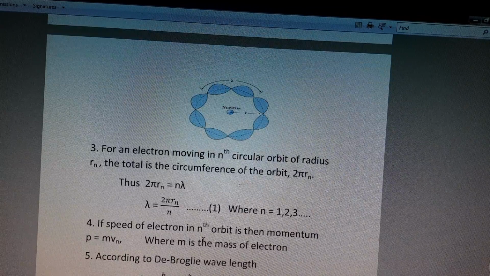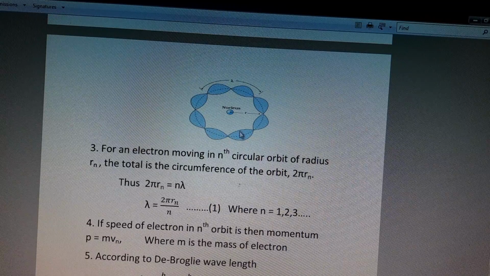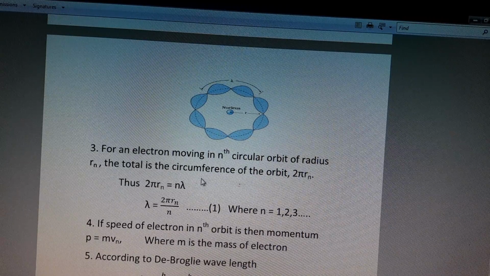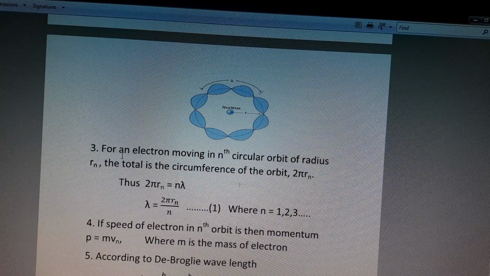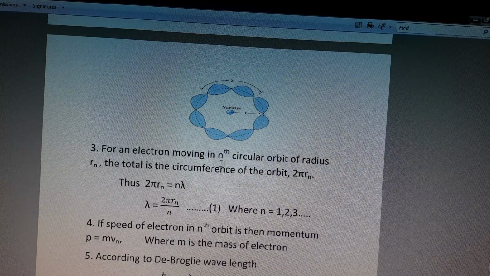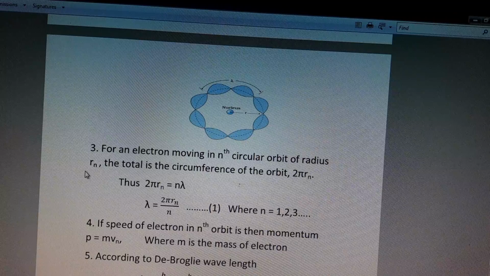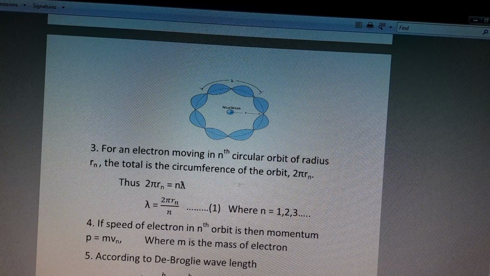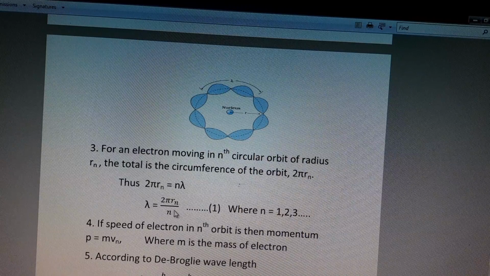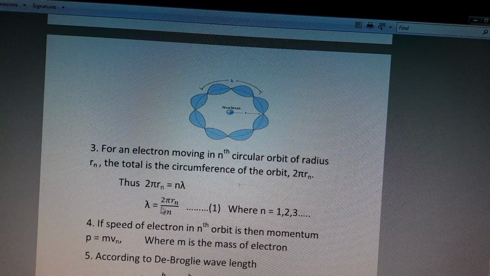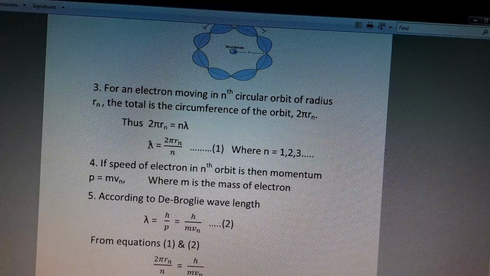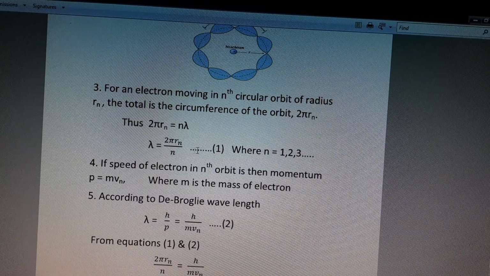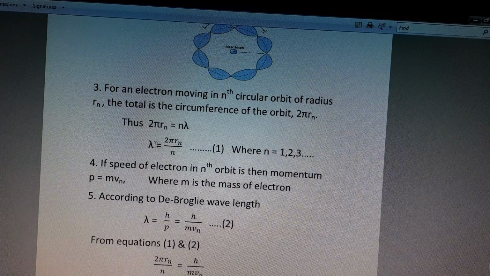So the circumference C is equal to 2 pi R is equal to n lambda. For an electron moving in the nth circular orbit, the radius is Rn, and the total distance traveled by the electron is 2 pi R. So 2 pi R is equal to n lambda, which implies lambda is equal to 2 pi R by n. This is equation number 1, where lambda is the wavelength.